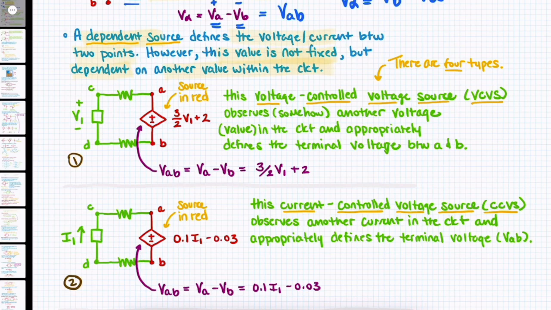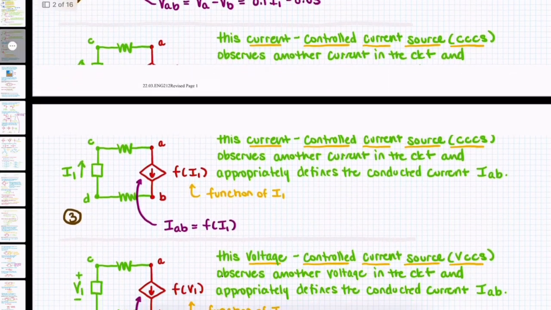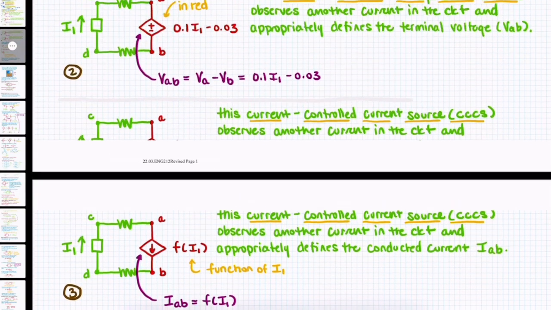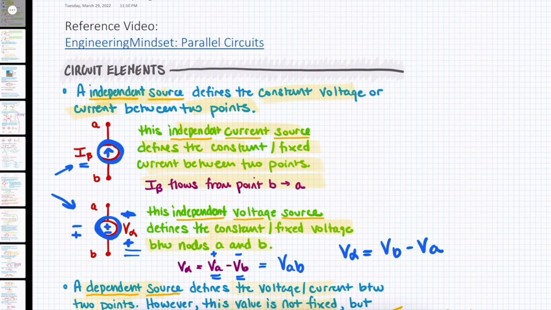So when we get to that point, talking about operational amplifiers, we'll see that the dependent source is a good tool for representing how that type of amplifier works. Now, there's 4 different types of dependent source that we're going to talk about. And essentially that comes down to the idea of what the input is versus the output.